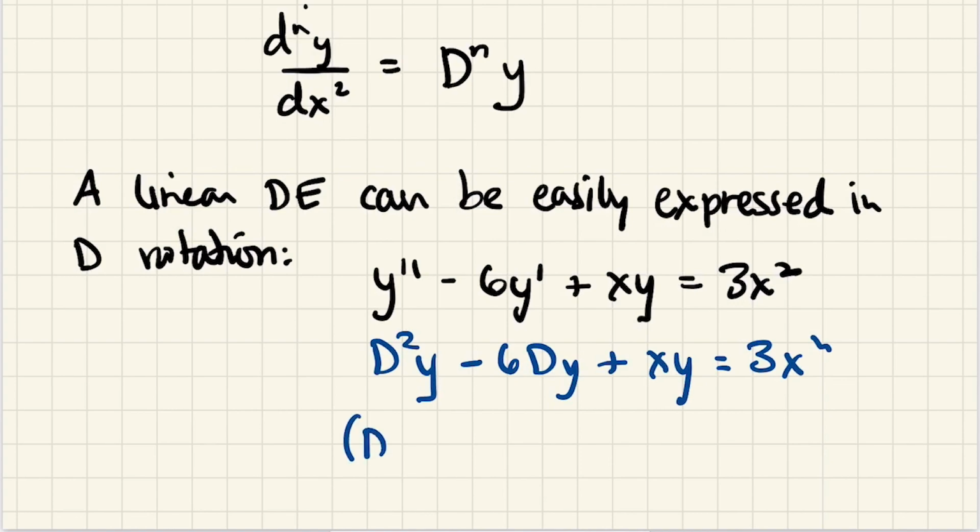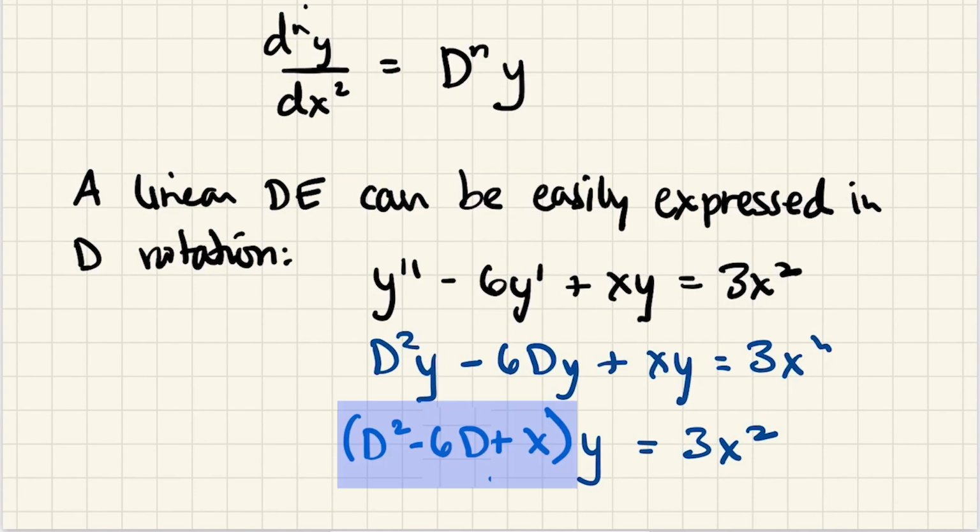So we have D squared minus 6D plus x as a factor multiplied by y equals 3x squared. We can think of this entire object as an operator itself that, when applied to the unknown function y, gives us 3x squared. This allows us to look at that operator itself, and perhaps if we could find a way to invert it and apply that inverse to 3x squared, then we'd get the unknown function y. And that's the direction we're headed in here.